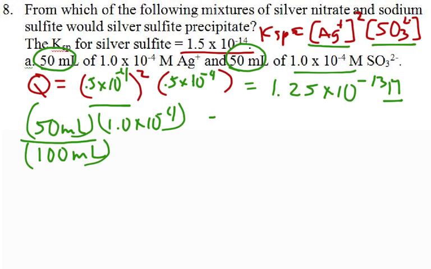So that's my value of Q. Going back and comparing, I can see the KSP is 1.5 times 10 to the minus 4, and we can round Q off to 1.3 times 10 to the minus 13.